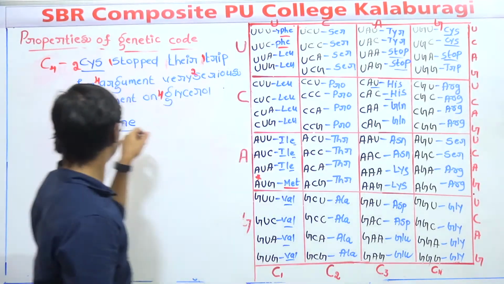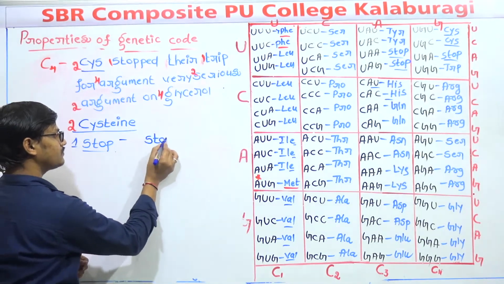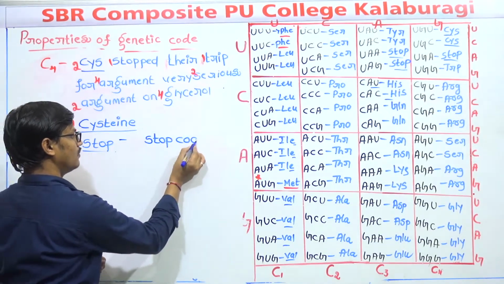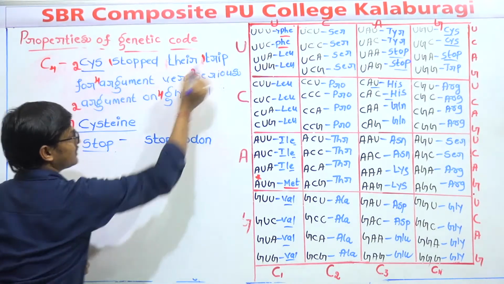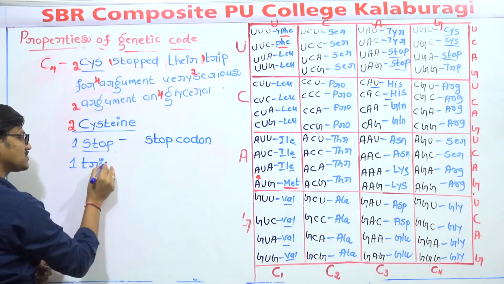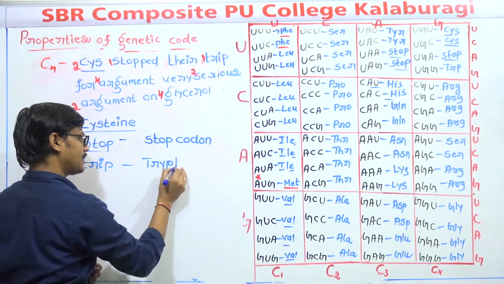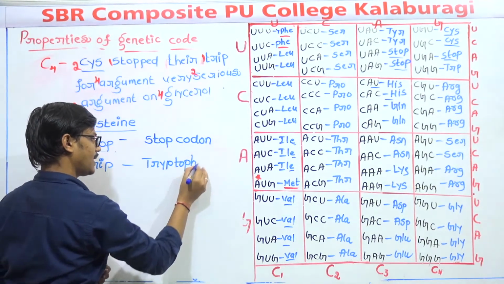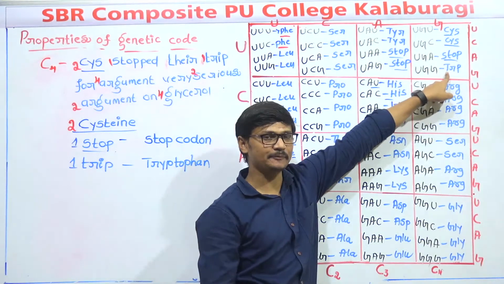Here 1 stop means stop codon. So after a stop, trip, right? There I have written a trip. So here trip means tryptophan.